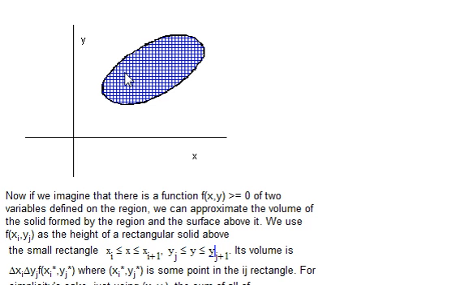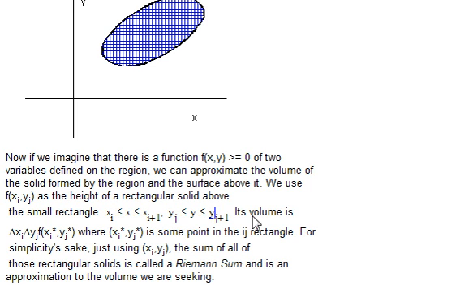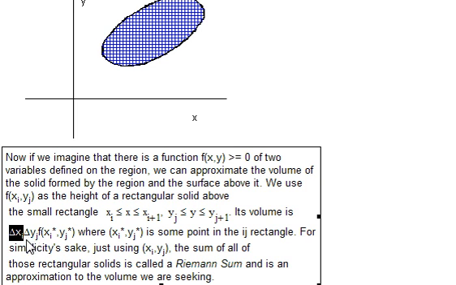And so we're going to find the volume of that rectangular solid, and then add all those up and make a Riemann sum. The volume of that piece is delta x_i, delta y_j, the length and the width of the bottom of this rectangle, times f of x_i star, y_j star.